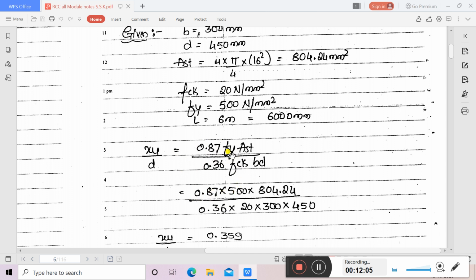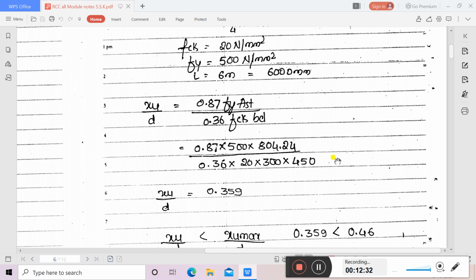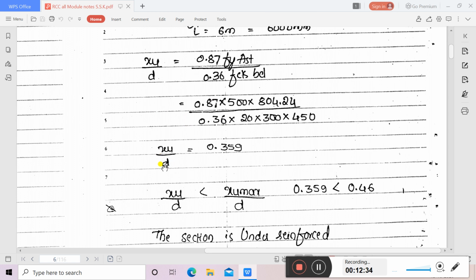Fy is a known value given in the problem, that is 500, into Ast, which we have already calculated here, Ast is equal to 804.24, divided by 0.36 the coefficient for concrete, fck is the grade of concrete, that is 20 Newton per mm square. 300 is the width of beam and 450 is the effective depth of beam. Here I will solve this equation.